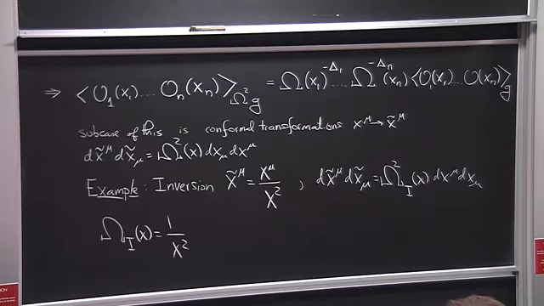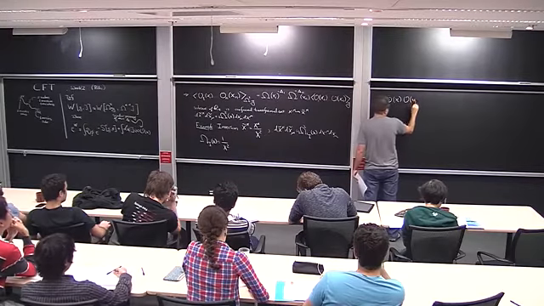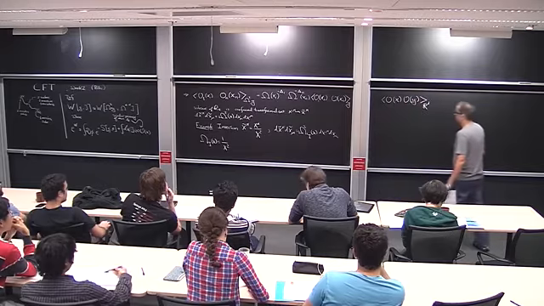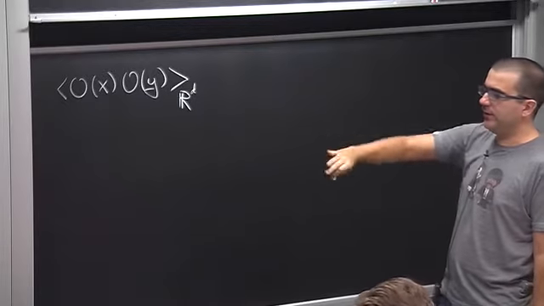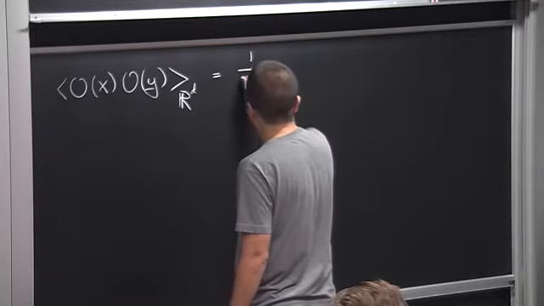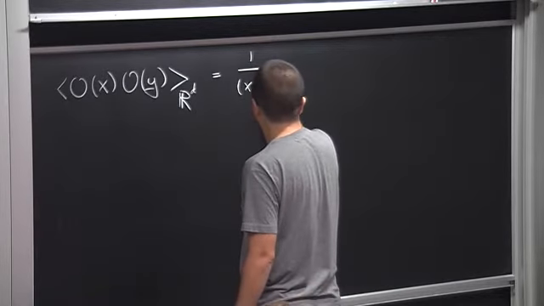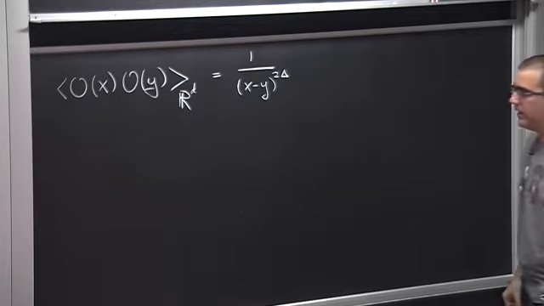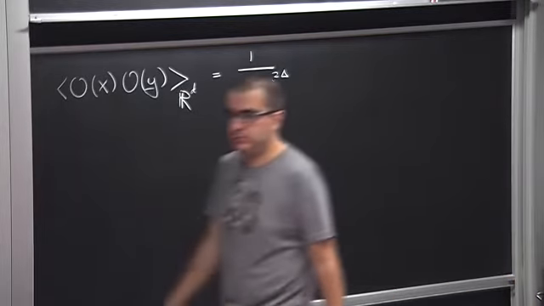And now let's check that everything works out and that we know exactly what we are doing when we manipulate these conformal transformations. Let's start with the correlation function of a scalar in flat space. Okay? This is our object that we want to check is consistent with what we are writing here. What is this object? It's the simplest possible thing. It is just 1 over x minus y to the power 2 Delta, where Delta is the dimension of this operator. Okay?